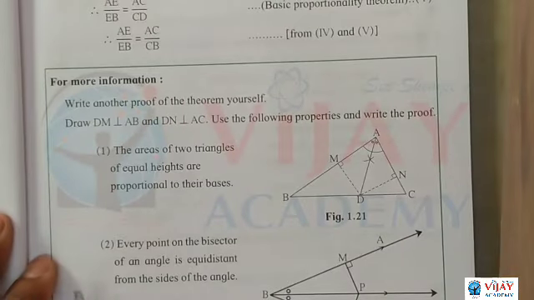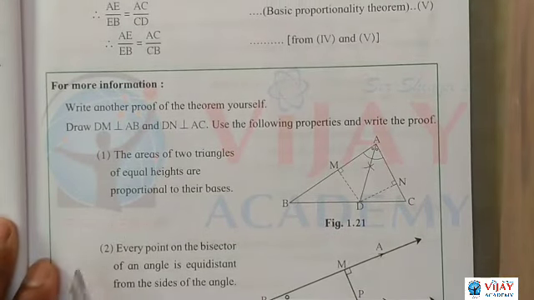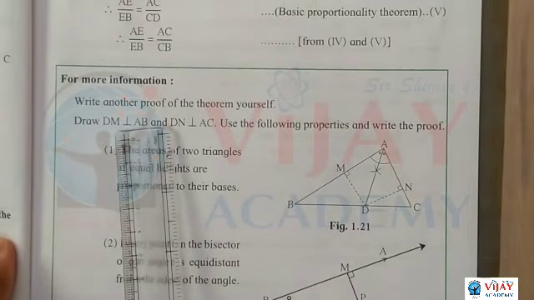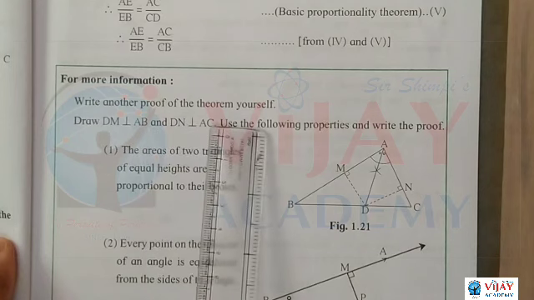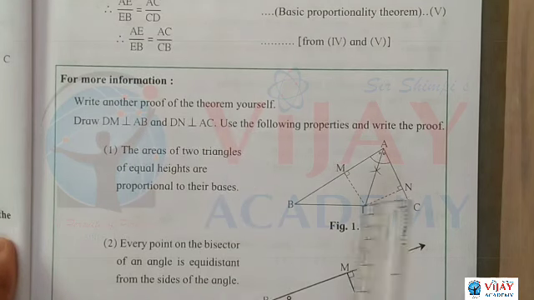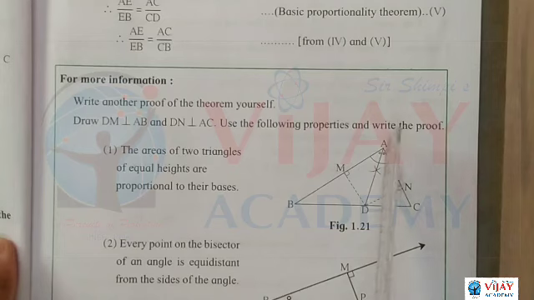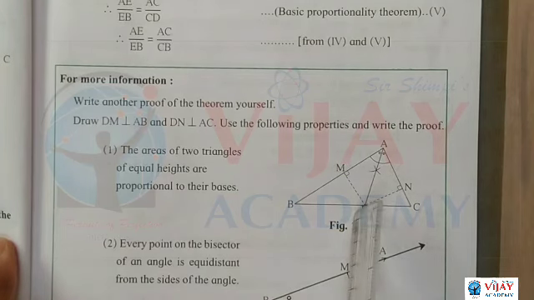Now we will take some examples. For more information, write another proof of the theorem yourself. Now in this case, DM is perpendicular to AB and DN is also perpendicular to AC, and AD is the angle bisector.